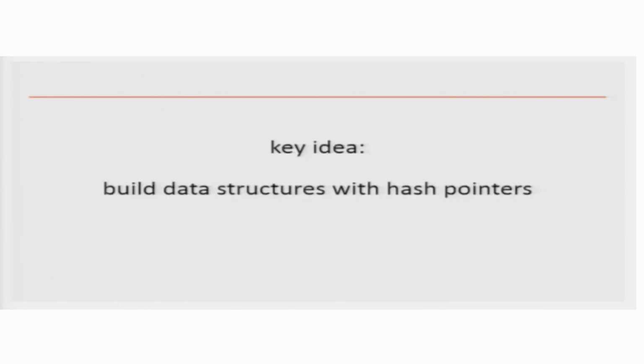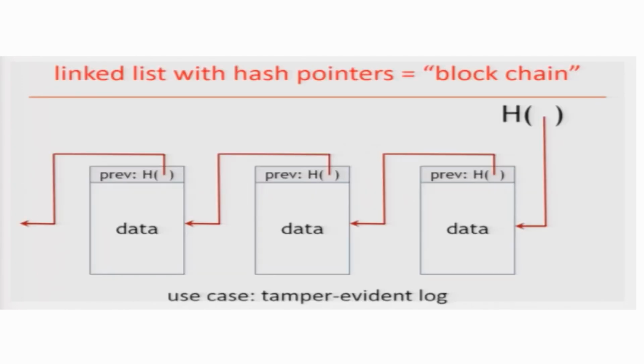So, how do you build data structures with hash pointers? Suppose you want to create a list of blocks and you want that, like a linked list, every block should be pointed to by the next block. So, you take the data and keep a part of the data space for the hash of the previous block.